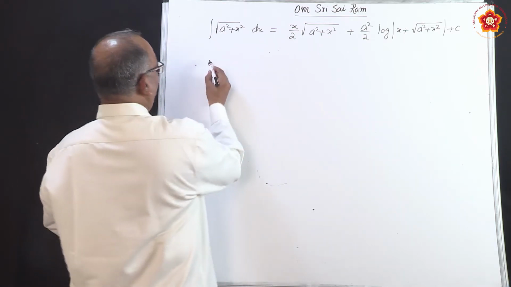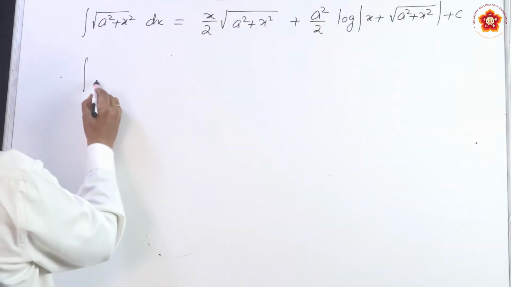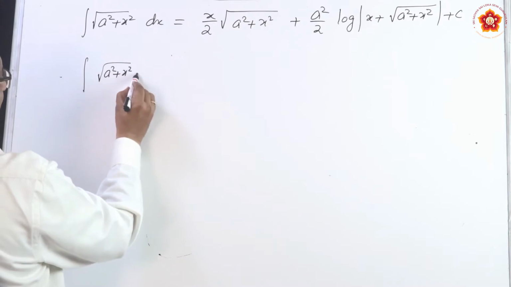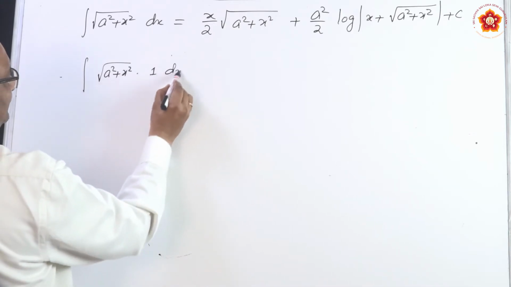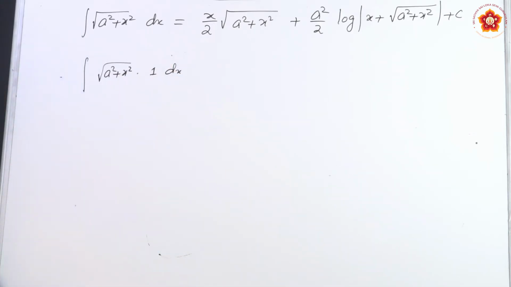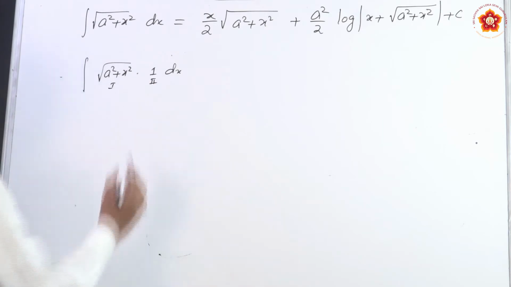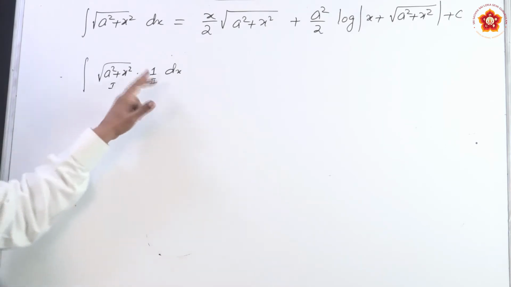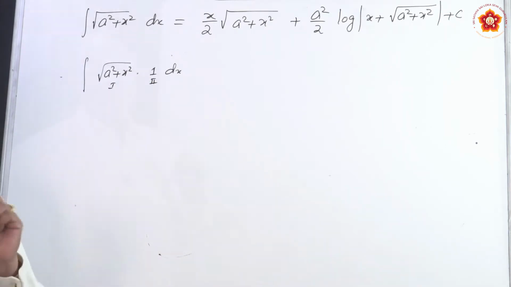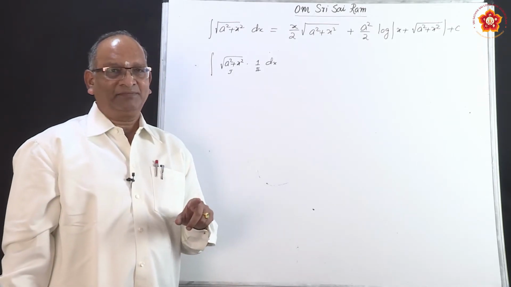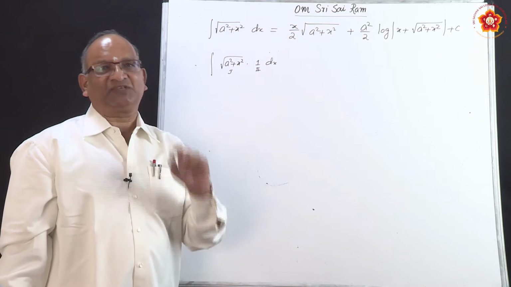So we can say this is under root of a square plus x square into 1 dx. We take this as the first function and 1 as the second function. You may ask why we should take 1 as the second function, why not the first? Because in the by parts formula there is the derivative of the first function.